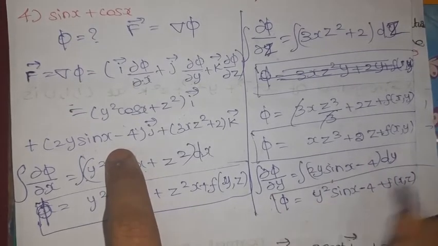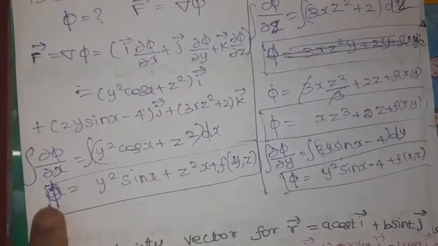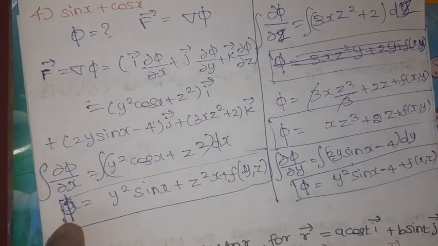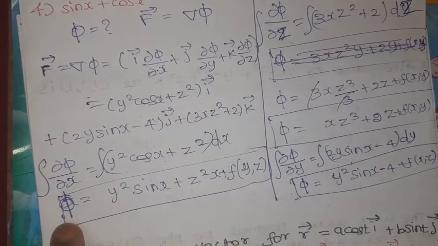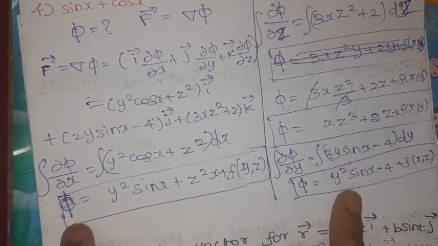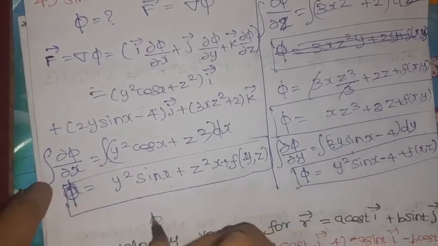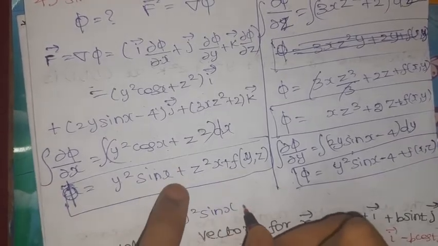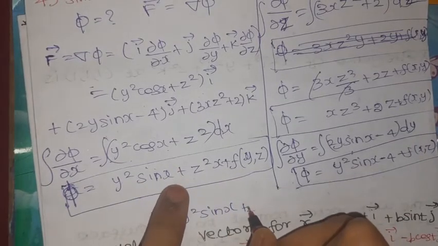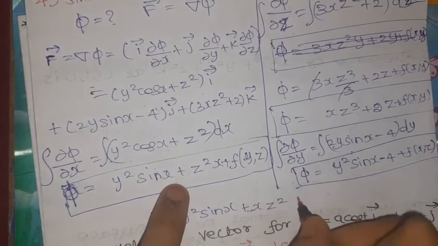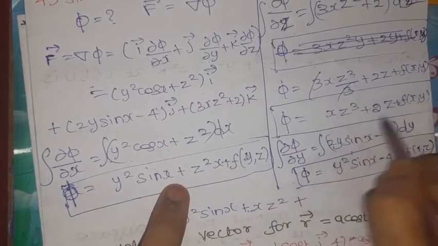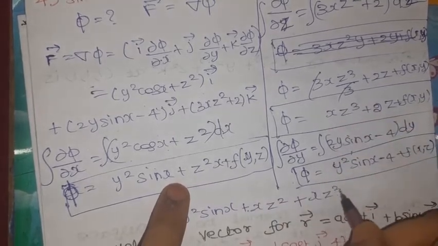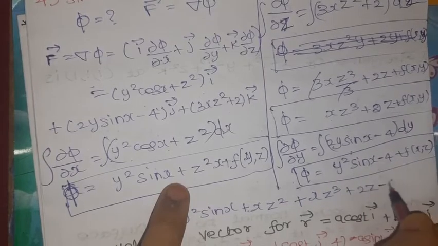So combine all the φ values. So y squared sin x is repeated two times, right? y squared sin x and y squared sin x, we can take as one. So y squared sin x plus xz squared, plus in this term xz cube plus 2z minus 4.